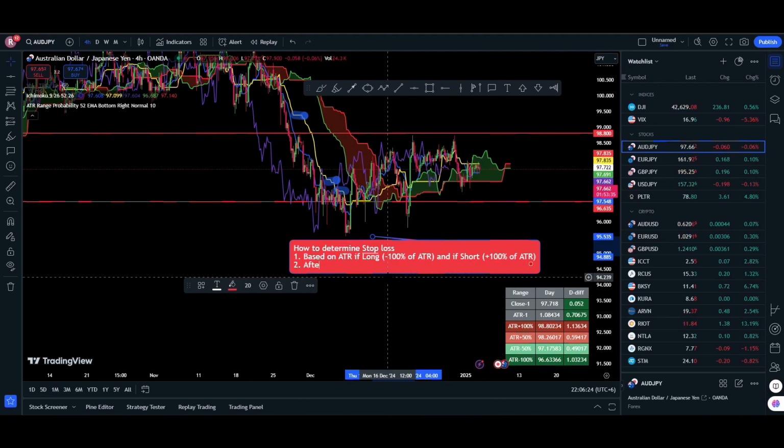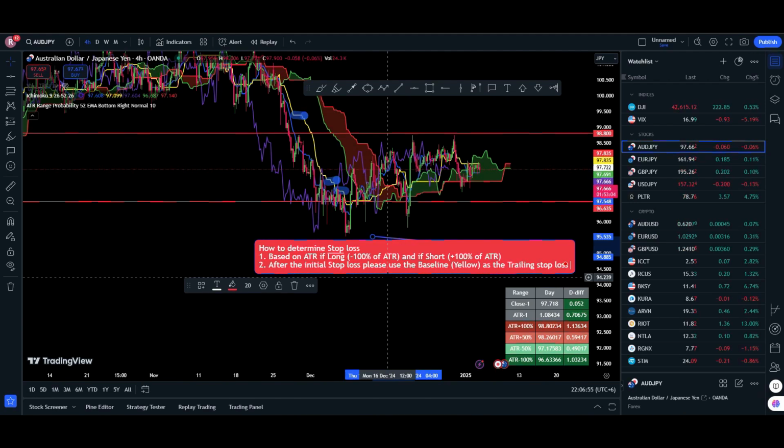After the initial stop loss, please use the baseline, which is the yellow curve here, as the trailing stop loss.